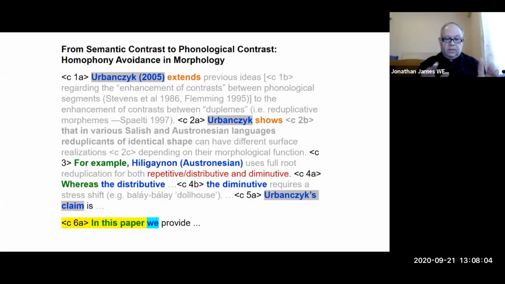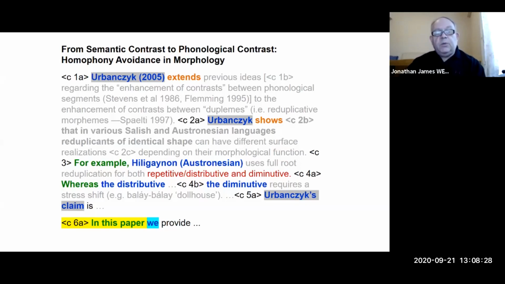And so I want to illustrate that with, remember we pointed out how we kept seeing Urbanchik at the beginning as theme? Urbanchik 2005, second sentence, Urbanchik shows, down to 5, Urbanchik's claim. It's all about Urbanchik. And where do you put that information? You put it in theme.